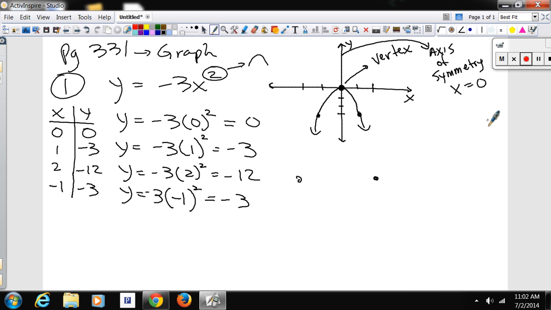Okay, look back at page 326 for a second if you have your book, at the very top. It gives you a form: y minus k equals a(x minus h) squared.